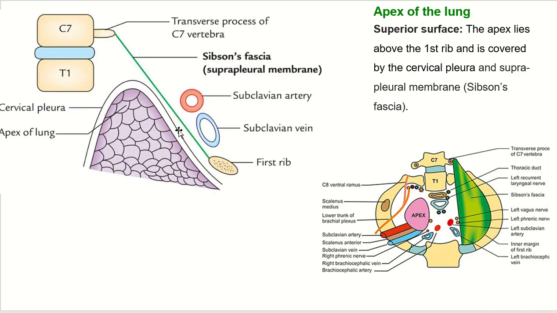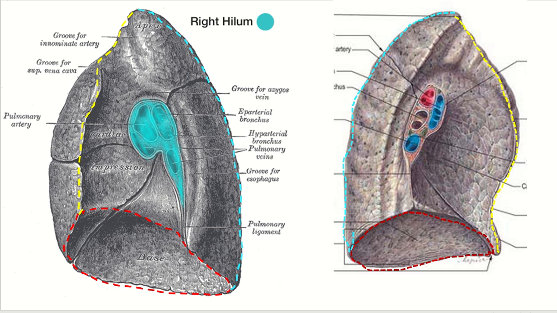This is apex of the lung. It is covered by visceral pleura, then cervical pleura, and above the cervical pleura, this is the Sibson fascia or suprapleural membrane. So this is the landmark of the anterior border, posterior border, and inferior border.